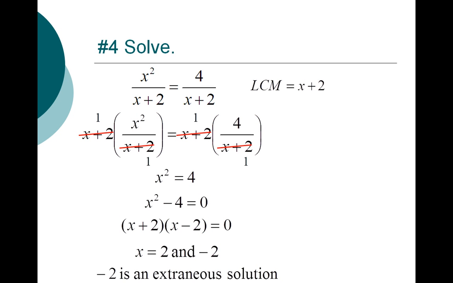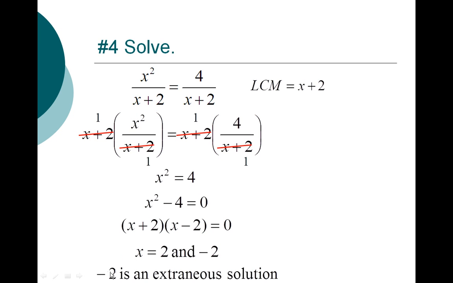Now notice what happens if you plug in negative 2 into your denominator here. You plug in negative 2 plus 2, you get a 0 in the denominator. So that's why they say that negative 2 is an extraneous solution, which means that it's an extra solution that we got that does not work for this particular equation.